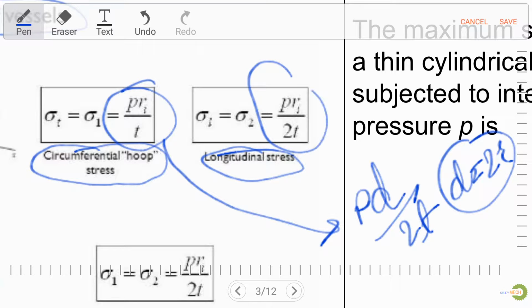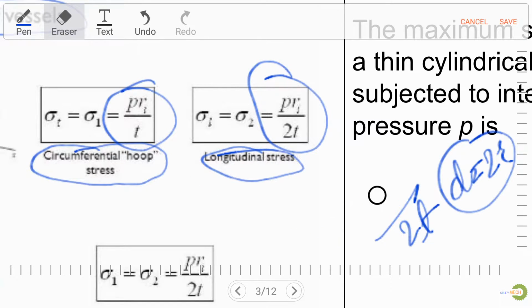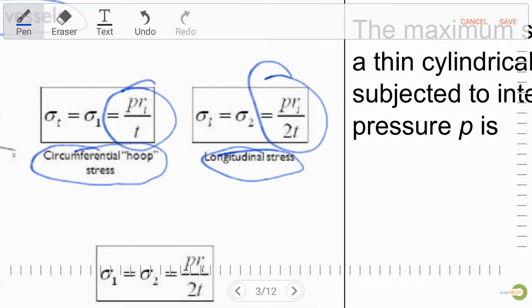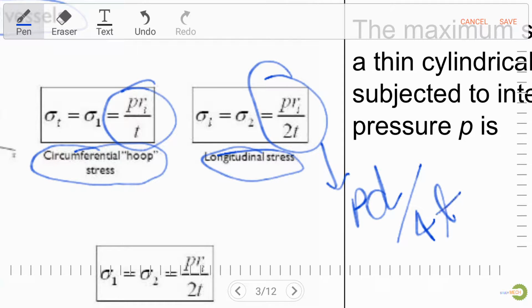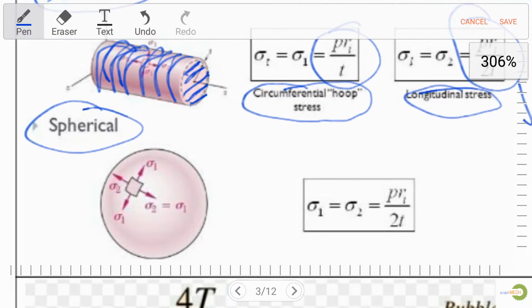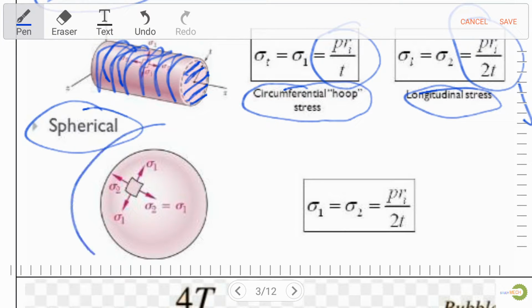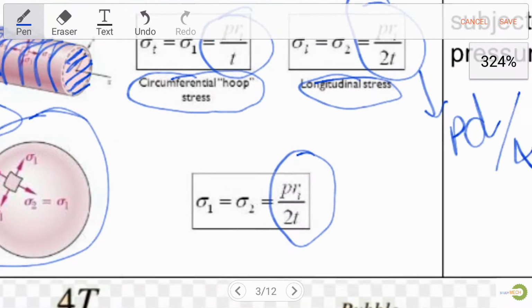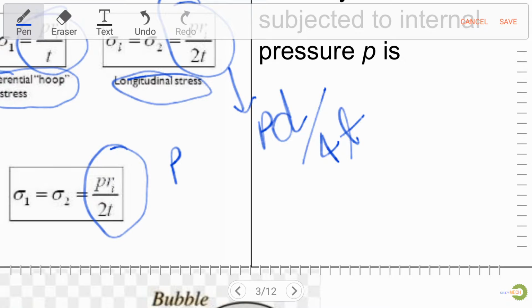And for longitudinal stress we have equation PR by twice T, so we can also write this equation like PD upon 4T. Now we have another case for spherical shape. For spherical shape we have equation PR by twice T, so over here we can also write this equation like PD by 4T.